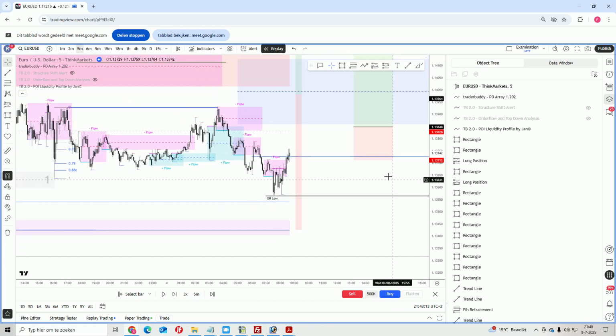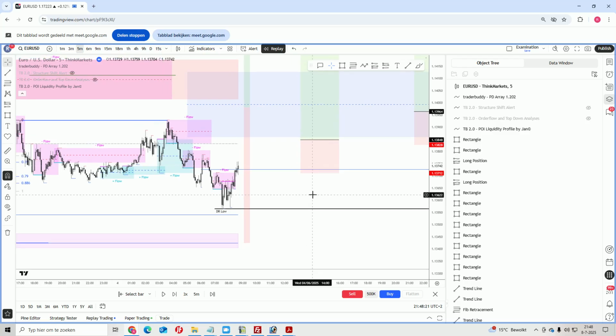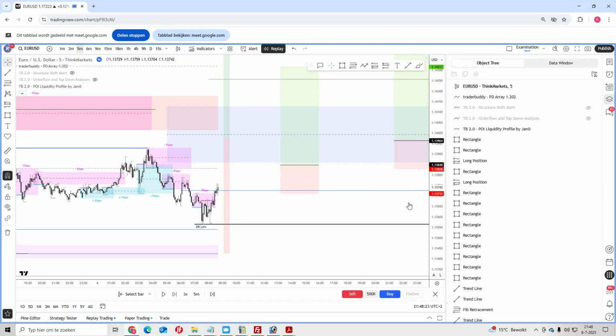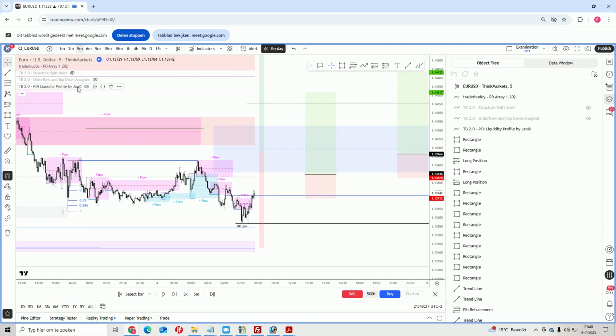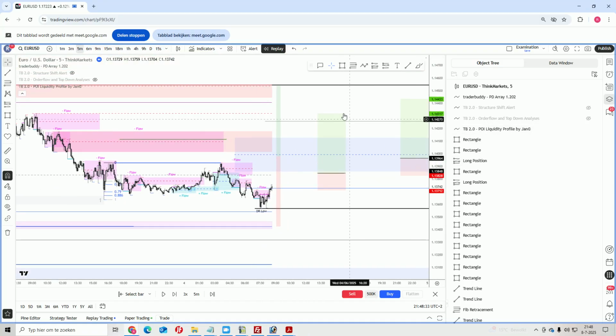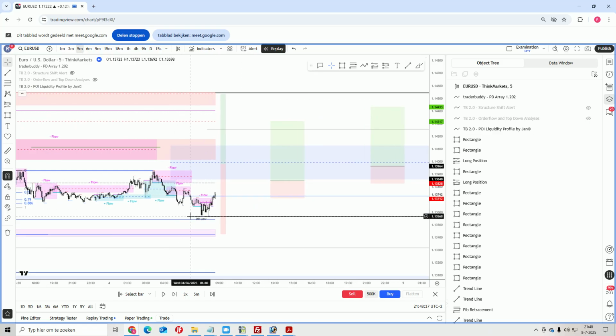And now it's time to look for what? Shorts or longs? Watch the time frame, because this indicator, the POI zones from Jan, is updated live. So every time there is a higher time frame PD array mitigated, this is going to change.